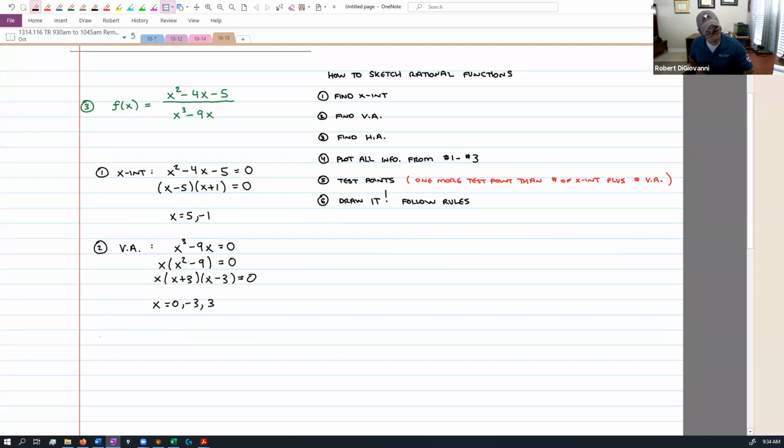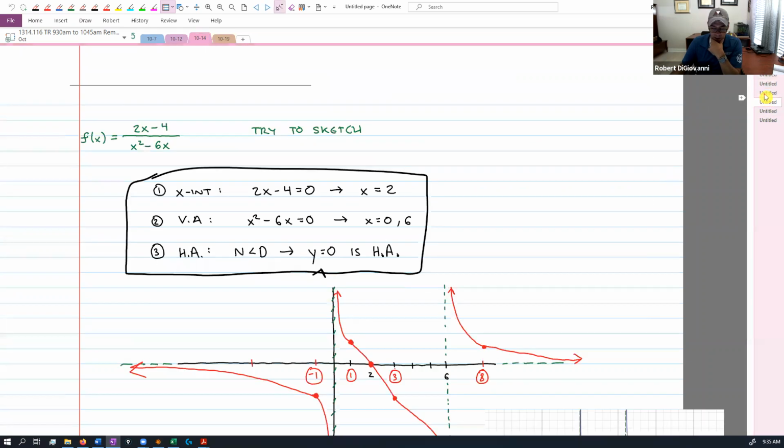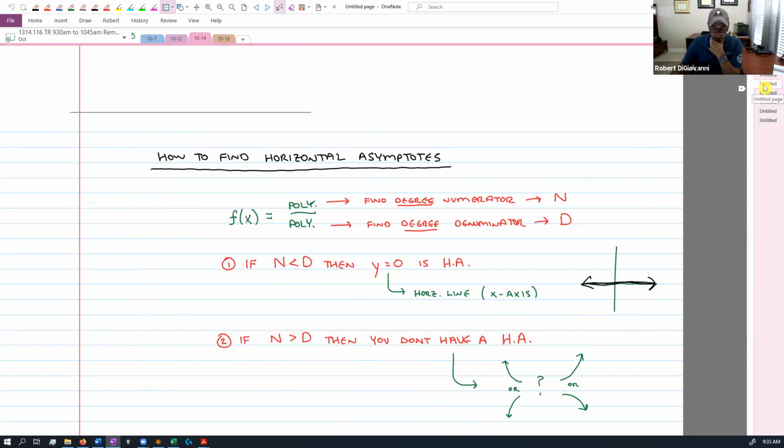And now the third step is the horizontal asymptotes. For that, we have to look at the degree of the numerator. So the numerator has a degree of 2, and the denominator has a degree of 3. In other words, the numerator's degree is 2, and that is smaller than the denominator's degree, which is 3. So you have to go back to your notes, where I gave you a set of cases last time for how to find horizontal asymptotes.